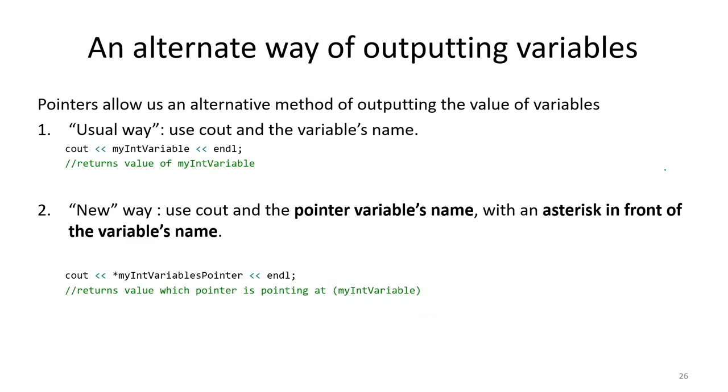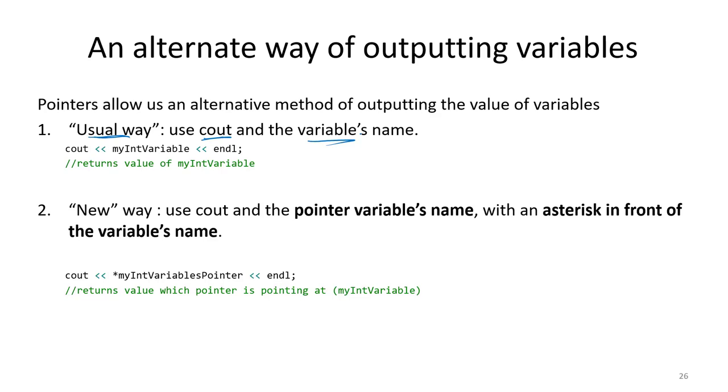So it turns out that using this dereferencing operator gives us an alternative method for outputting the value of a variable or the value stored in the memory. Up to this point in the class, we've been doing the usual way where we use cout and the variable's name.